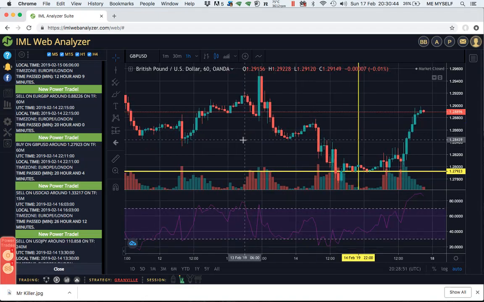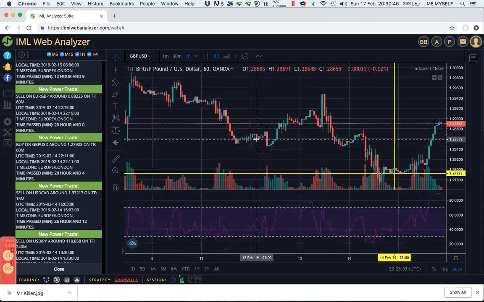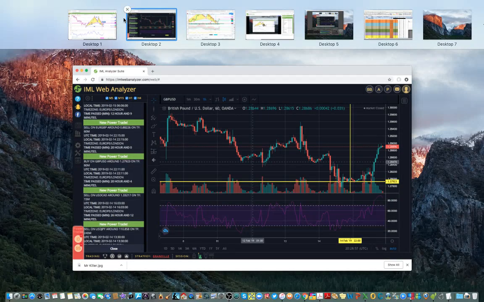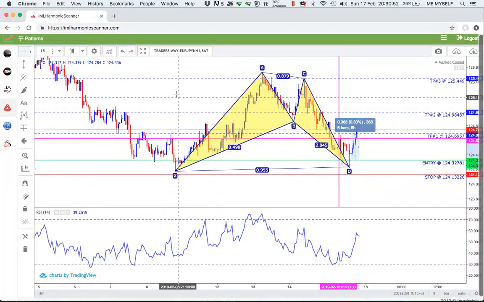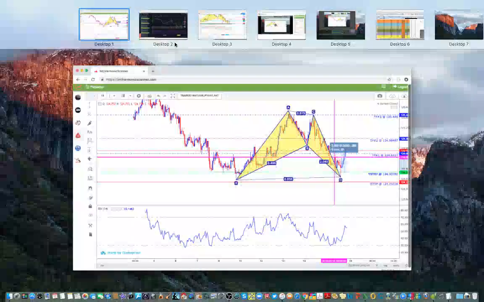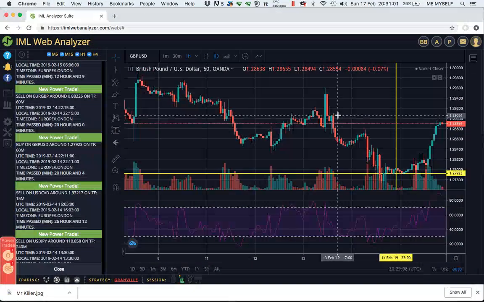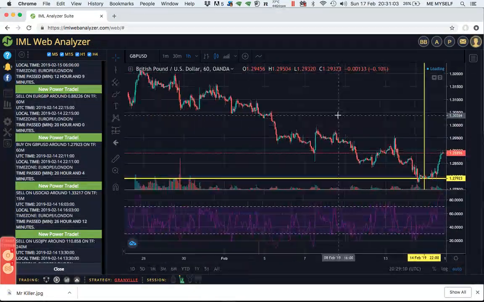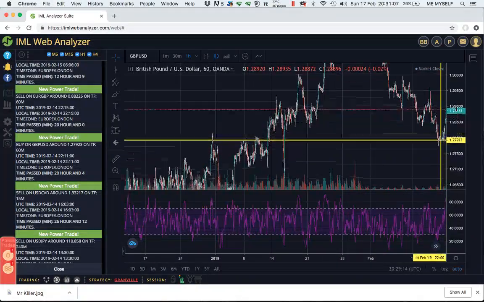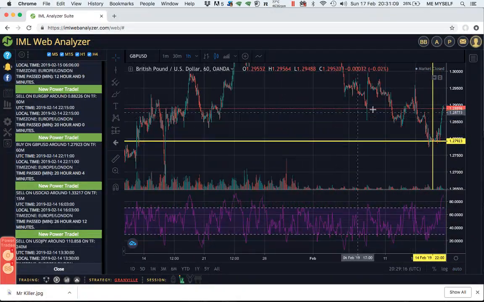Okay. Now I know GU was on the harmonic scanner for a buy, but I believe it's turned around for a sell position. However, we could still look at it and analyze in terms of price structure. Okay, so again, look at what is happening here. So it was on the harmonic scanner.